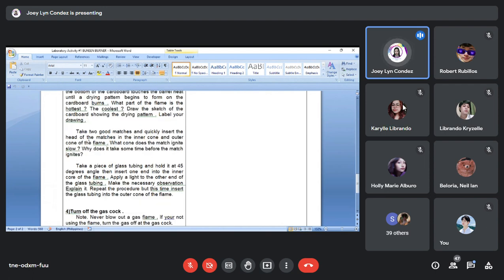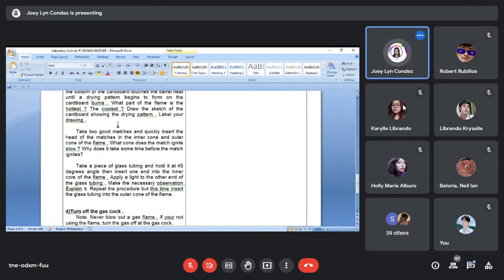Okay, another setup here will be using matches. Okay, take 2 good matches. But this time, we're going to insert the 2 matches in different parts of the flame. So, you insert the two matches, one in the outer cone of the flame and one in the inner cone.